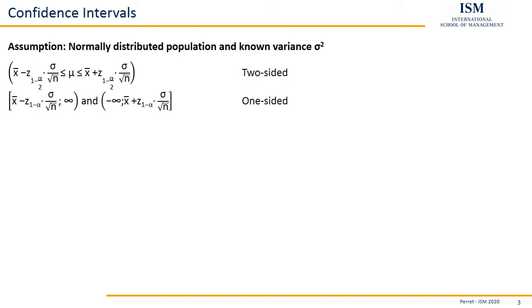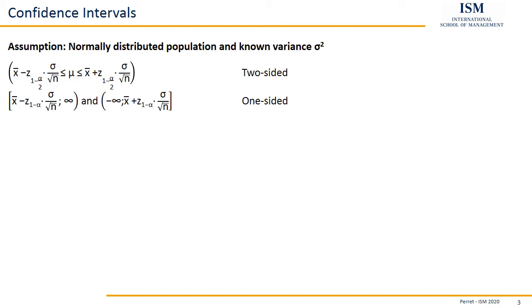In a one-sided interval, we only define one of the two thresholds. Either we define the lower bound, that's the left one, or we define the upper bound, that's the right one. And for this to work out, we need to find three values, or rather four values.